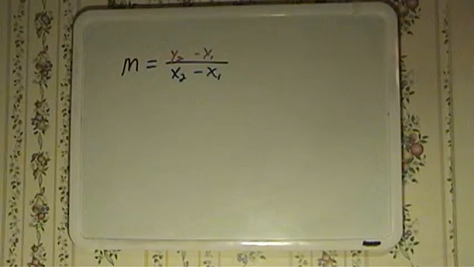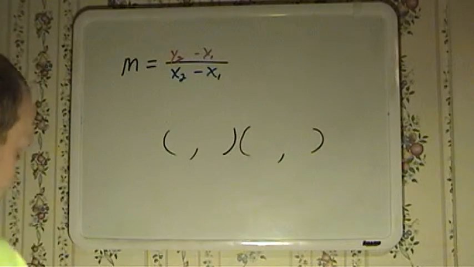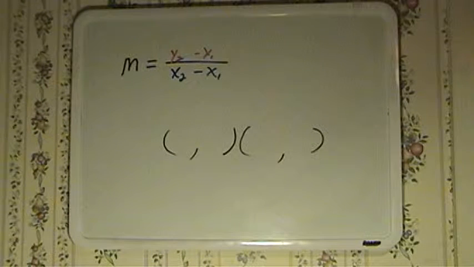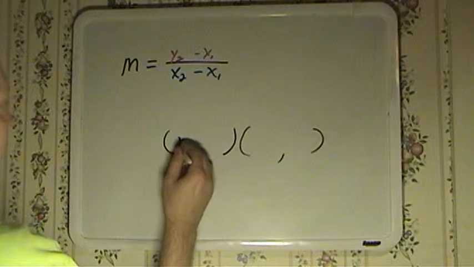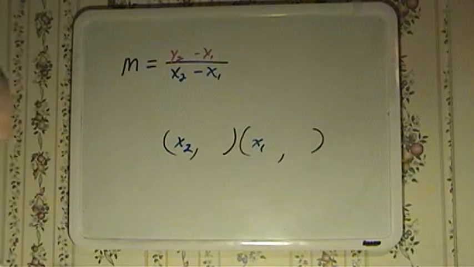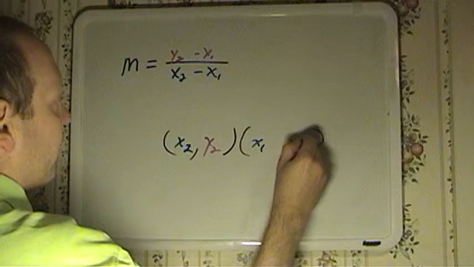Well, when you're given your points in your line, you have your points of x sub 2, x sub 1, and y sub 2, y sub 1.